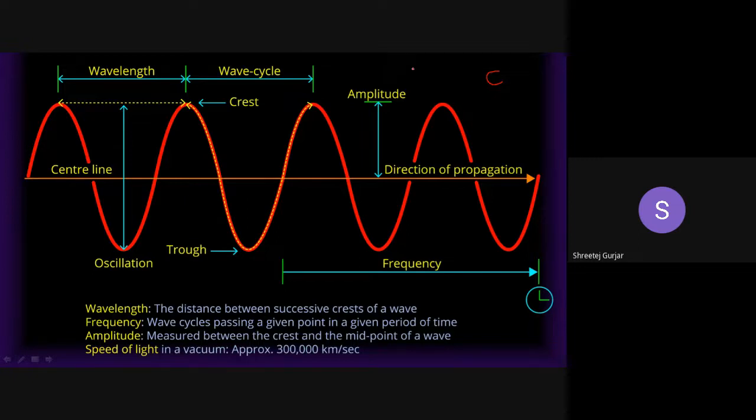I shall give you a clue: it is stated or derived by Einstein. Albert Einstein derived this equation, for which he didn't get the Nobel Prize. He got the Nobel Prize for the theory of relativity, but this is one famous equation. I shall give you a clue. It starts with E is equal to something.